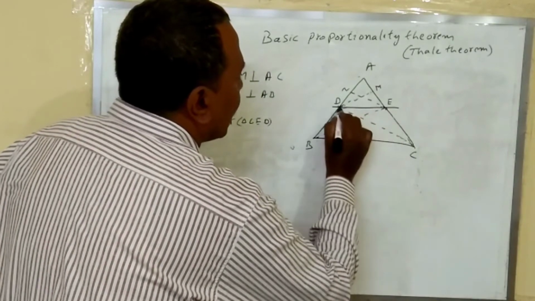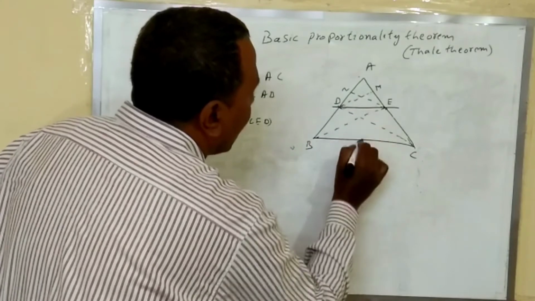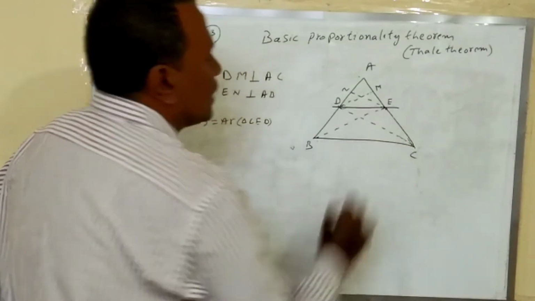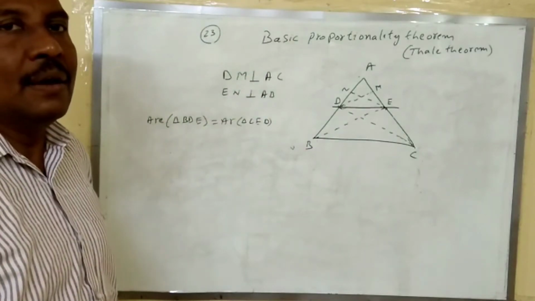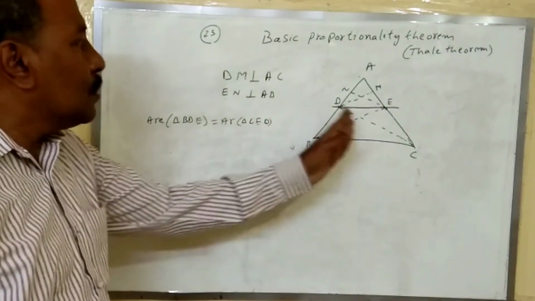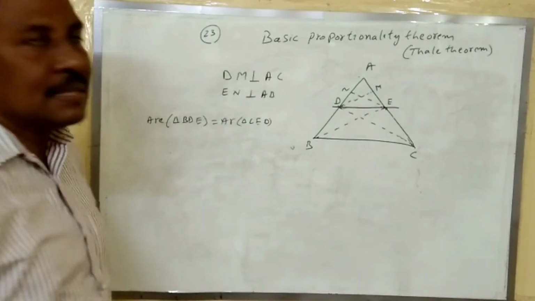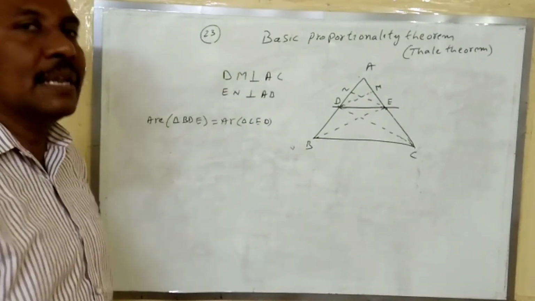You take this triangle and this triangle on the same base and in between the two parallel lines. What are the parallel lines? DE and BC. So naturally the two triangles maintain the same area, so the areas are equal.